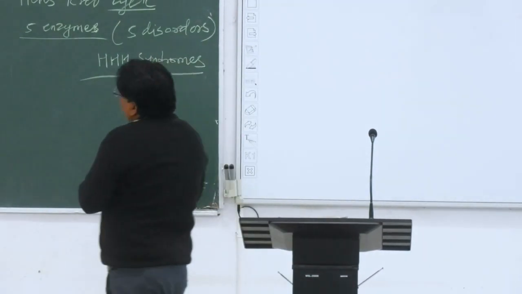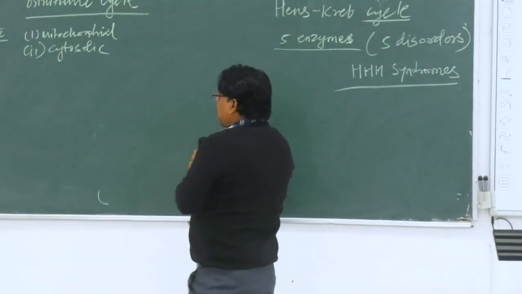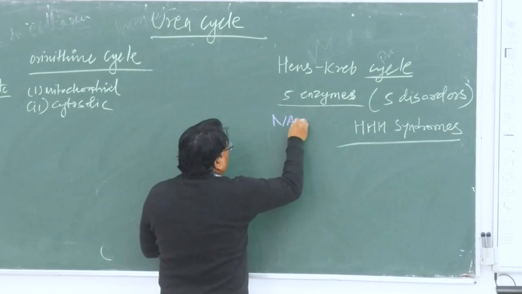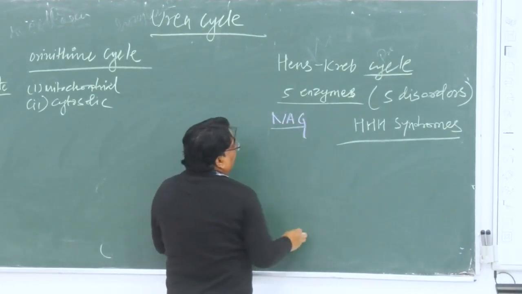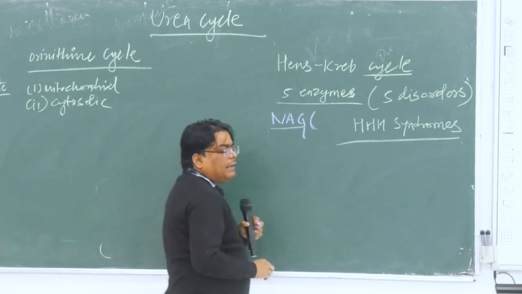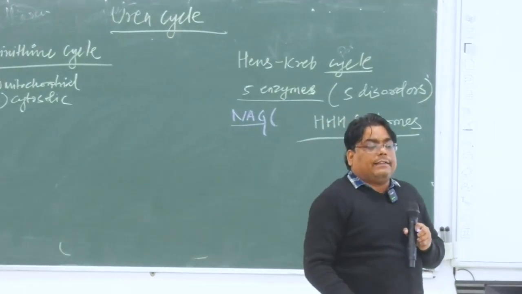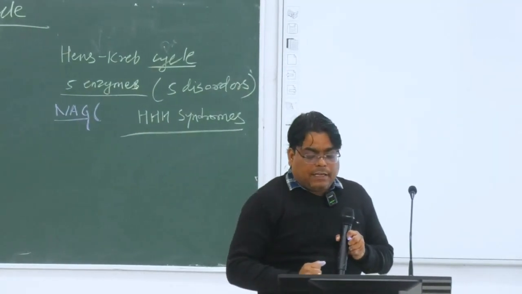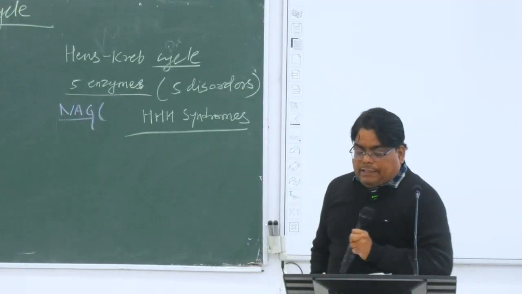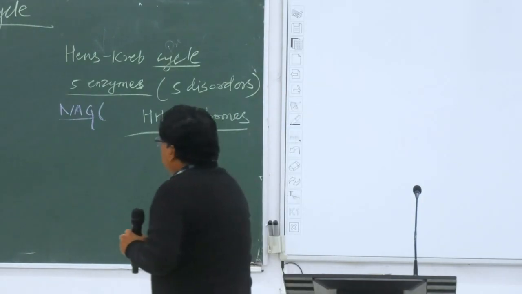And from these 5 enzymes, there is one important enzyme that also participates. We call this enzyme NAG, N-acetyl glutamate. Very important enzyme. Okay. Now we understand the reactions. Now we understand the cycle of this urea cycle.